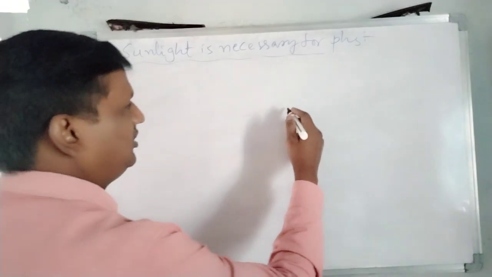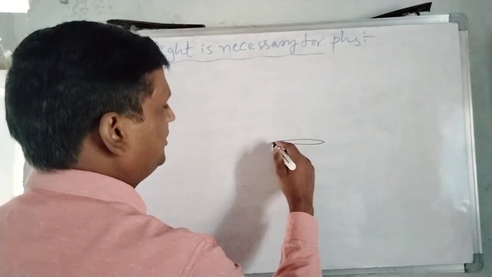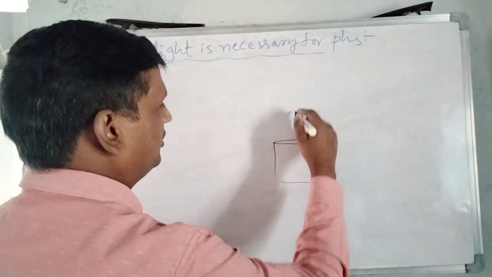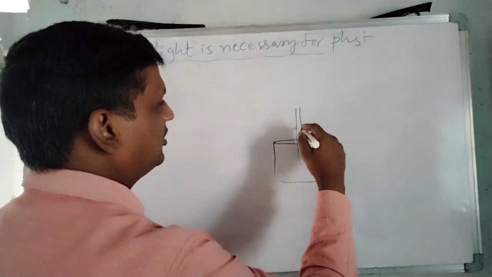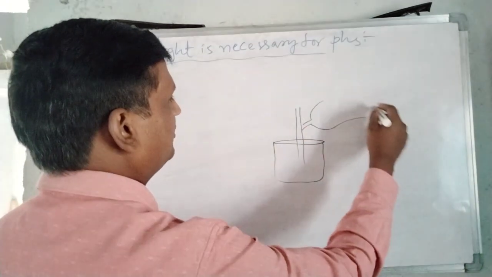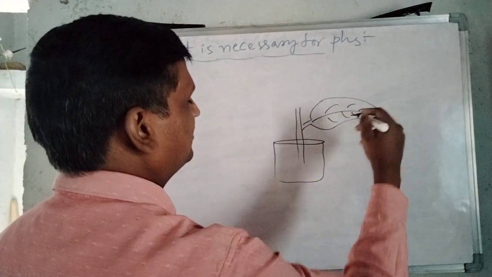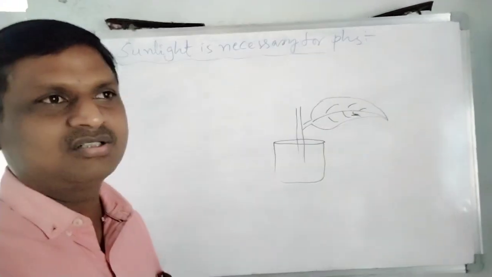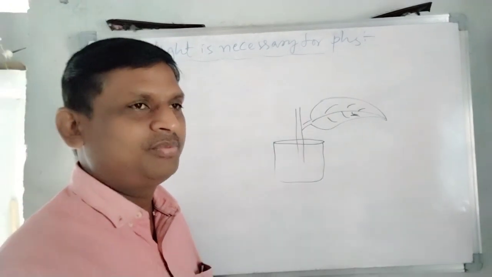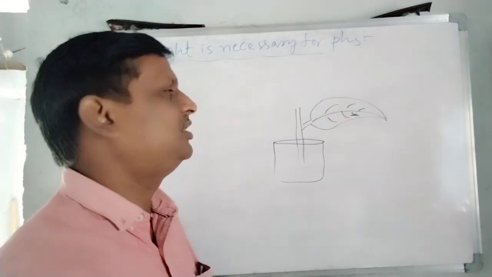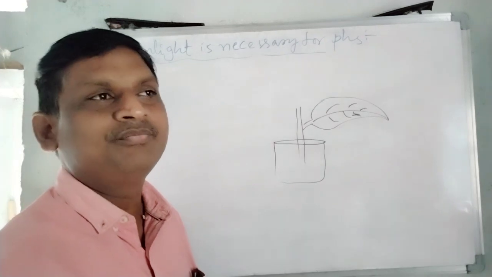For this we need one potted plant. This potted plant should be kept in a dark room for a few days, 4-5 days. What is the reason?